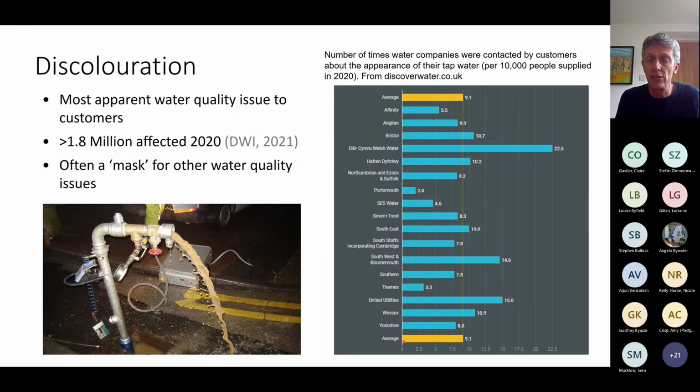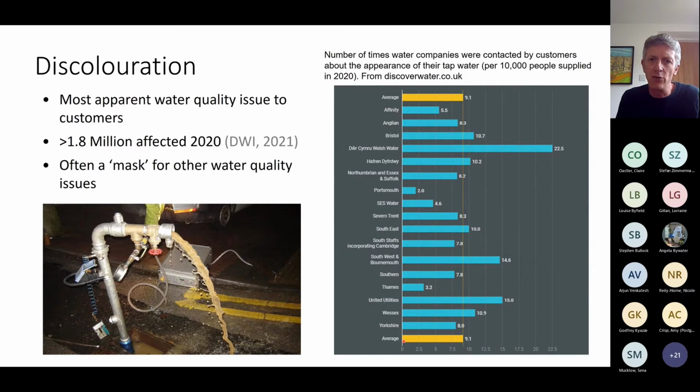It's publicly accessible, so that's a look at the numbers of customer contacts that the different water companies receive. It is an unpleasant experience if you're unlucky enough to get it coming out of your tap. Fortunately, it's often quite sporadic. It's short-lived events, goes away, and it's generally caused by hydraulics disturbing material accumulated within pipes.